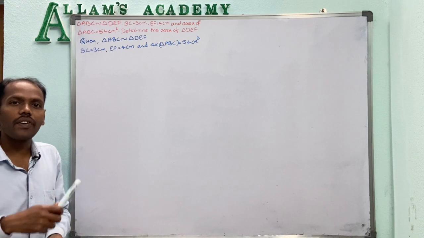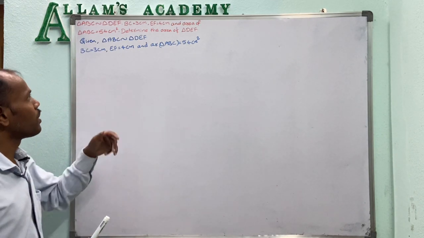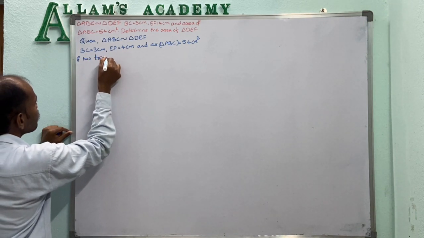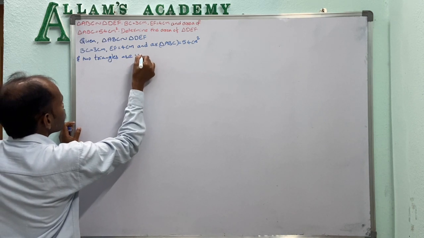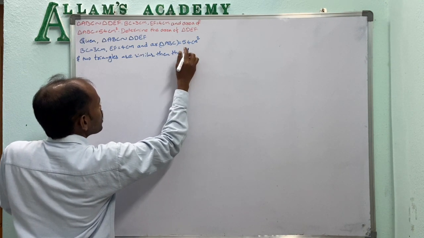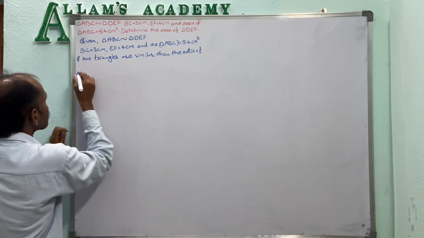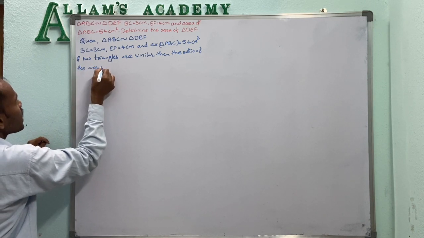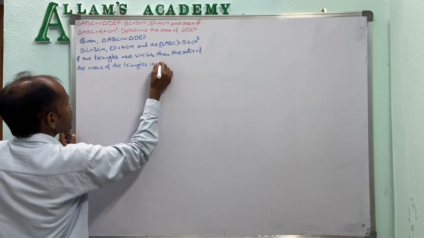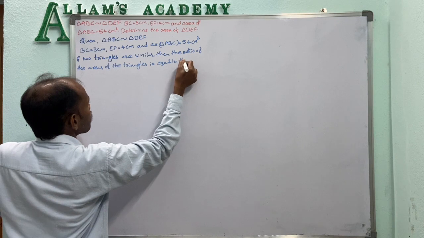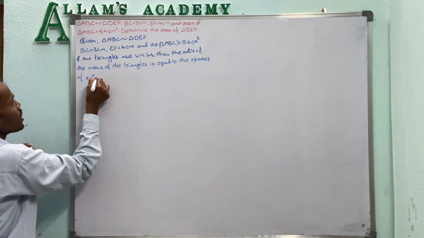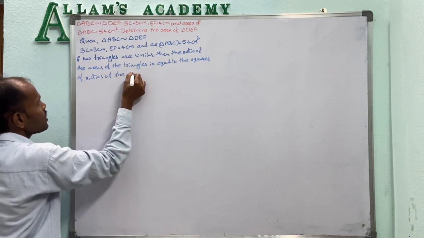So by using that theorem: if two triangles are similar, then the ratio of the areas of the triangles is equal to the squares of the ratios of the corresponding sides.